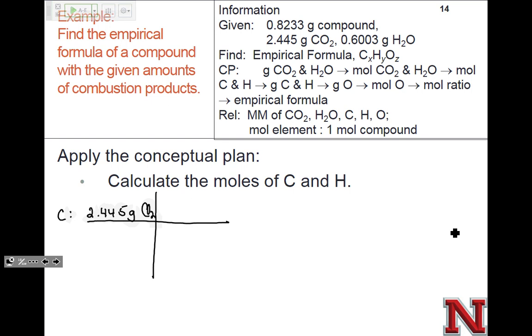We were told that we have 2.445 grams of CO2 that we recovered from our product. So we can calculate that to our moles of CO2 using our formula from, of course, the periodic table, which is 44.01. So 44.01 grams CO2 goes on the bottom.